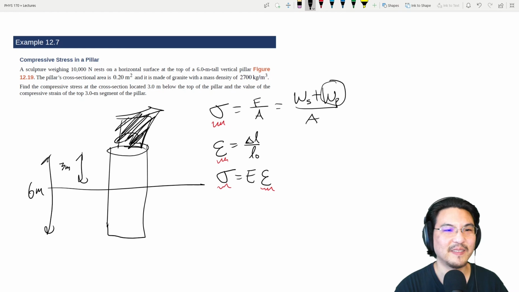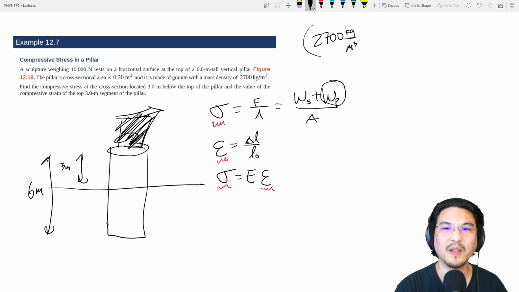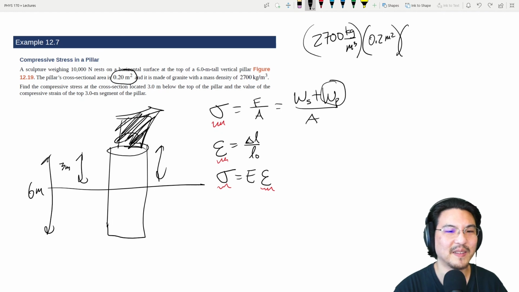We know that it has a density of 2,700 kilograms per cubic meter. But how many cubic meters is this pillar? The cross section is 0.2 meters squared, and it is 3 meters high.